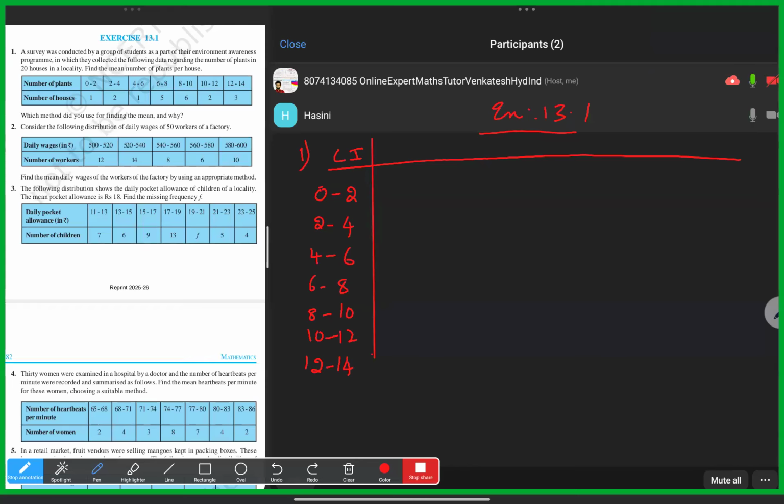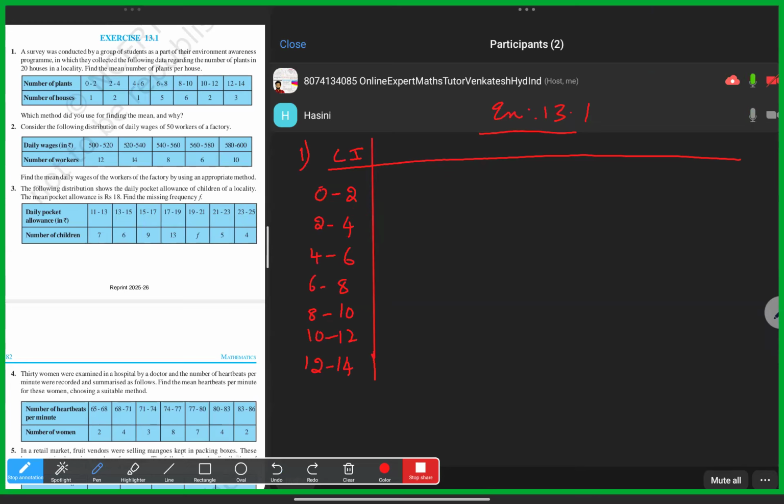This type of data we call continuous class intervals. Continuous means 0 to 2, then the next starts with 2 only, 2 to 4, then it starts with 4. If it ends with 2 to 4 and then the next starts with 5 to 6, that is called non-continuous class intervals.